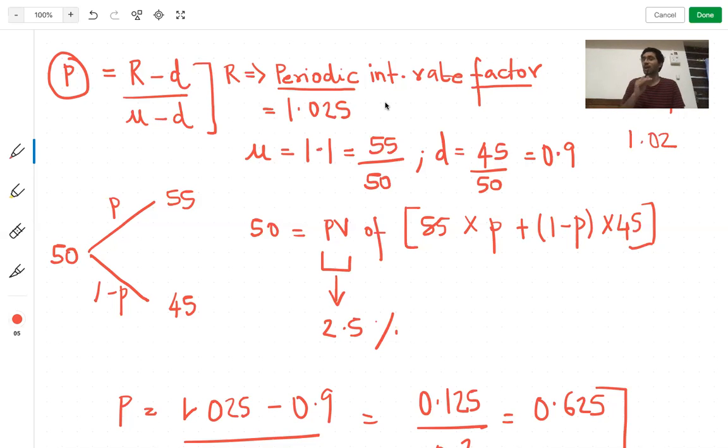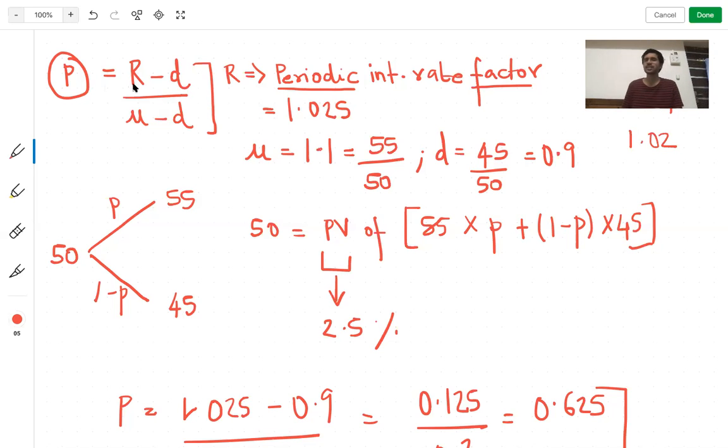D is the downside factor. U is the upside factor. If not given in the question, the upside factor can be calculated as upside share price 55 divided by 50, or D can be calculated by downside share price, which is 45 divided by 50.